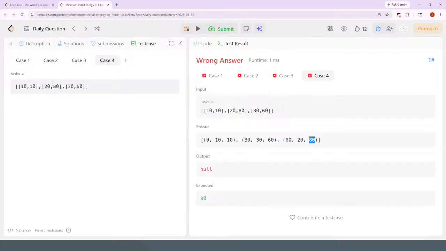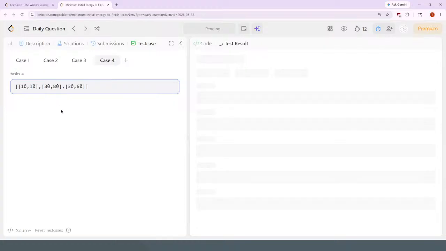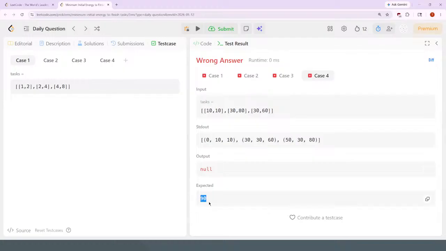I think the 20 there's whatever. I think it could be something bigger, like let's say 30, 80. I think that should still be starting with 80. Starting with 90. Really? Yeah, I see. Because if I have 60 here, then adding 30 would give me 90. Because 90 is bigger than 80, then 80 doesn't really affect it.